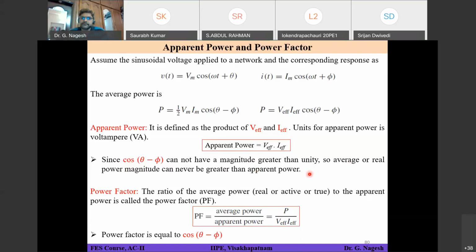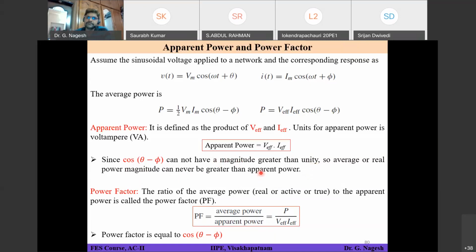Average power is given as V effective into I effective into cos of theta minus phi. So cos of theta minus phi has maximum value 1 and minimum value 0. So apparent power, which is given as V effective into I effective, will always be greater than your average power, or at max both can be equal. So cos of theta minus phi cannot have a magnitude greater than unity, and average power magnitude can never be greater than apparent power.